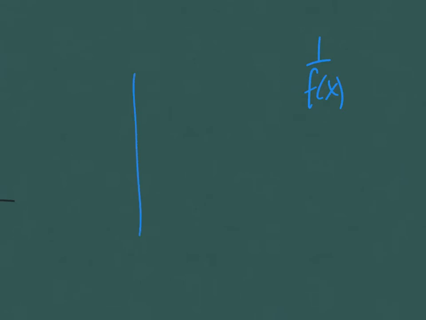So on this first one I'm going to do, I'm going to remind you that if I give you actual points on it, it's actually super simple. You just figure out what 1 over those points is, and you graph that.